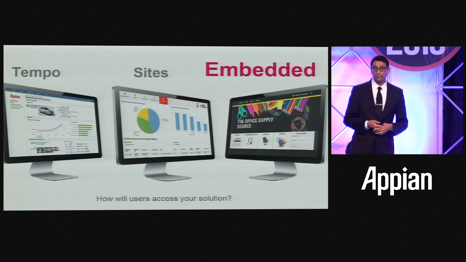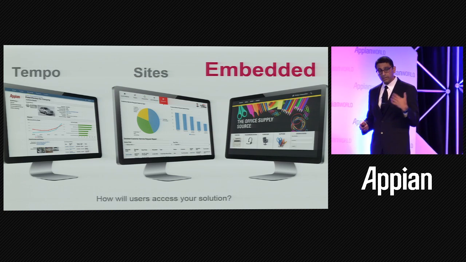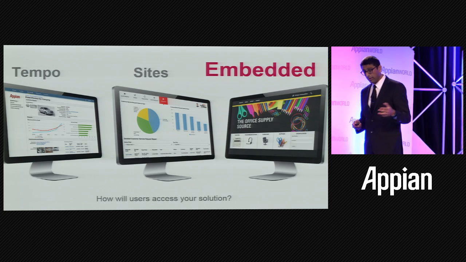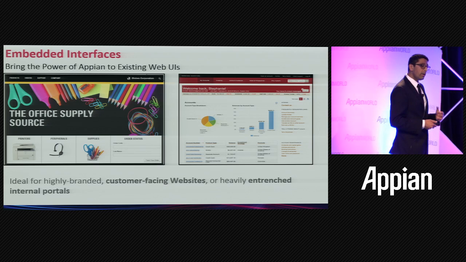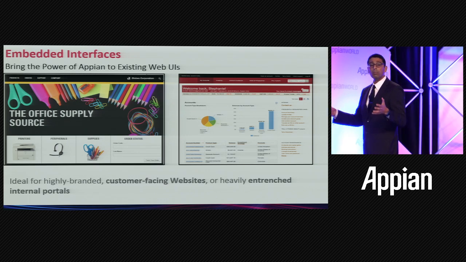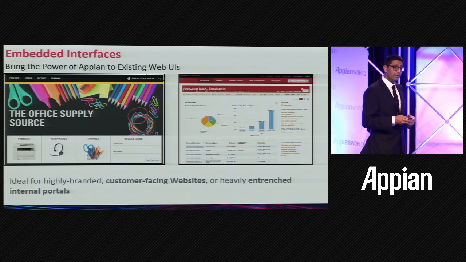Let's switch gears a bit and talk about embedded. To refresh your memory, embedded is for external users. Right? Users can be partners or anybody else within your organization and outside. Now, the embedded use case is when you're building something leveraging multiple applications, like a web application, and you want to embed Appian within it.